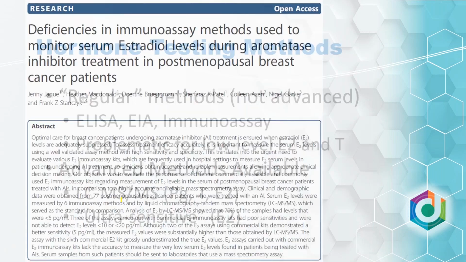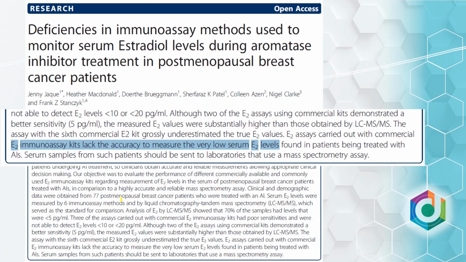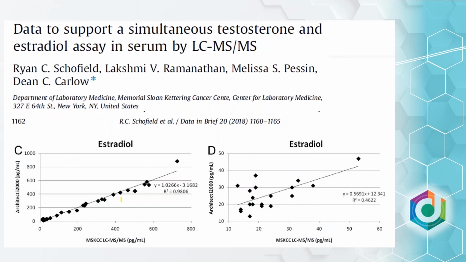I'm not going to get into the details of what that is, but it's just a better way of testing the lower levels. We can see in this publication, they talk about these standard types of assays, these immunoassays, lacking accuracy to measure very low serum estradiol levels, and that's important. Here's the actual data. Okay, when we look at a premenopausal woman for estradiol, she's going to be up in these higher levels.